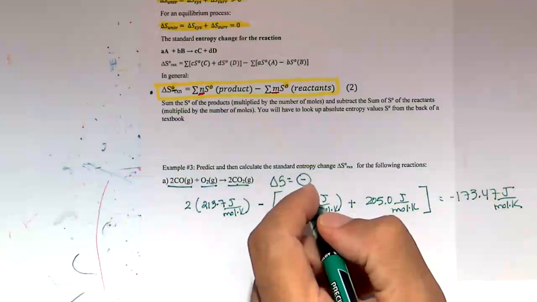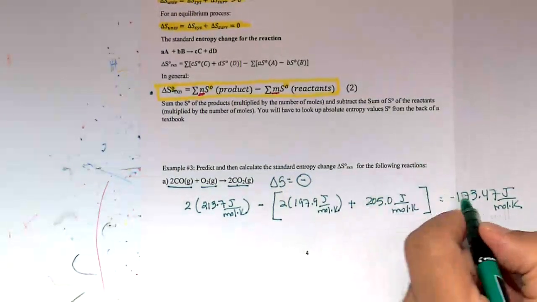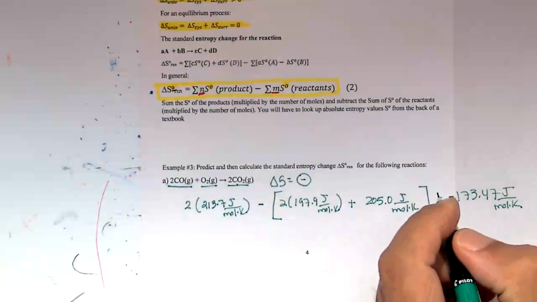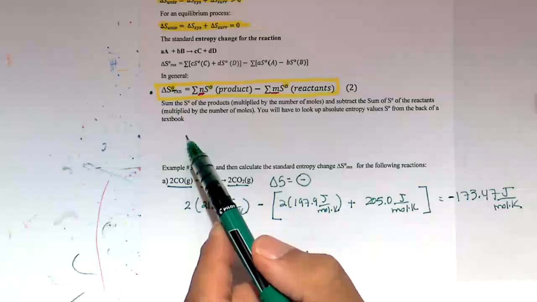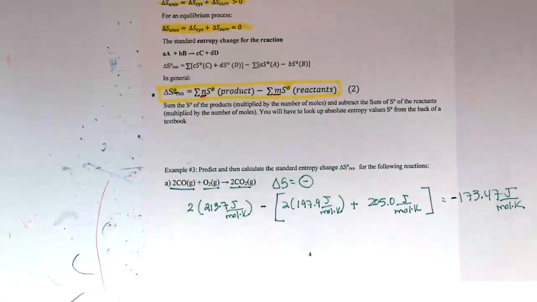You said it was minus, Sam, and she's right. It is minus 173.47. This is under standard state conditions. So do we know how to do this on a test or an exam?